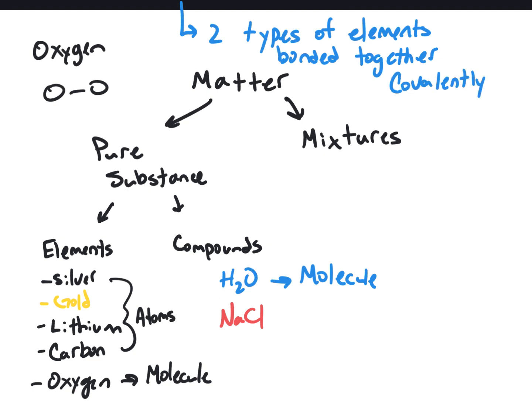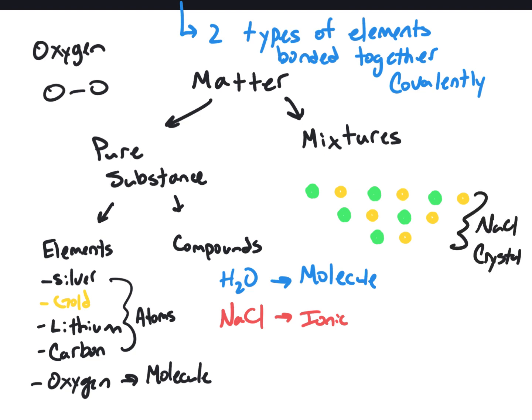Notice how I left out our friend sodium chloride here. I didn't call it a molecule, and that's because sodium chloride bonds together ionically, not in a covalent way. And the thing about ionic bonds is that ionic substances, ionic compounds, make these crystals of repeated sodium chlorine, sodium chlorine, and they grow and grow into these never-ending crystals.